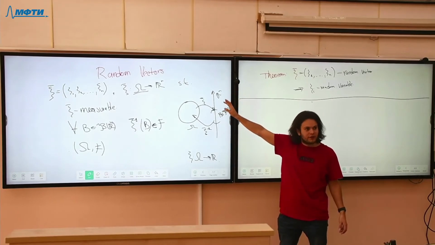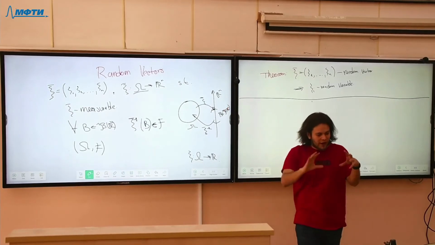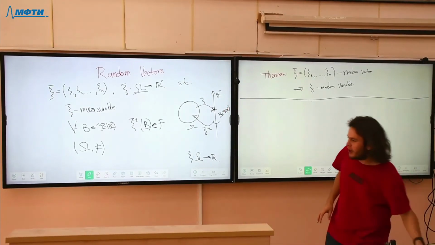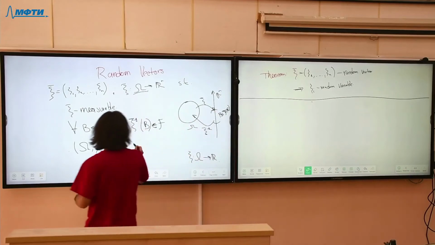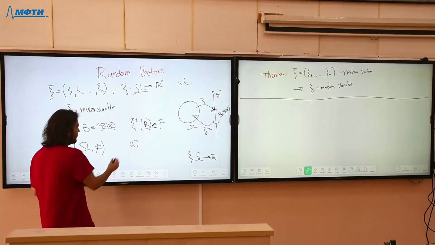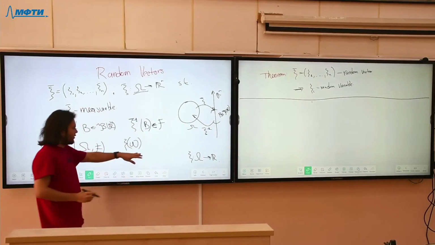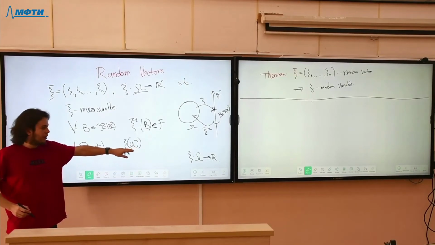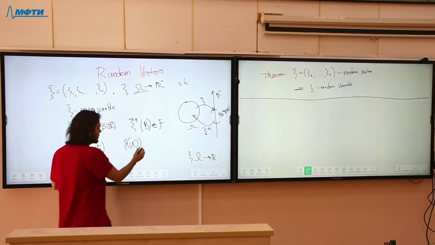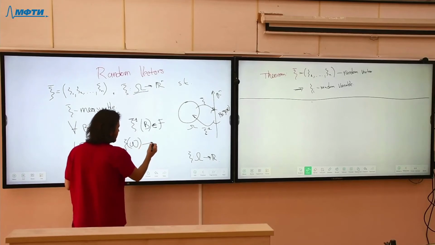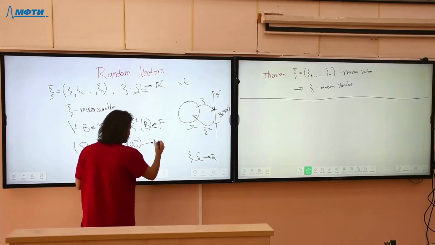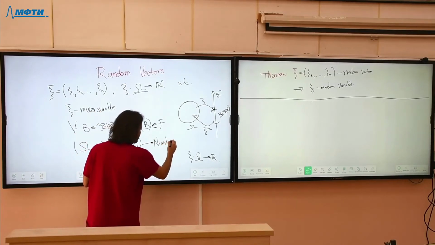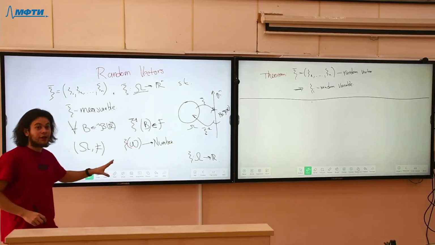Yeah. So for every omega, so for every elementary outcome omega, because psi is a function of this, we have a real number, something like that.